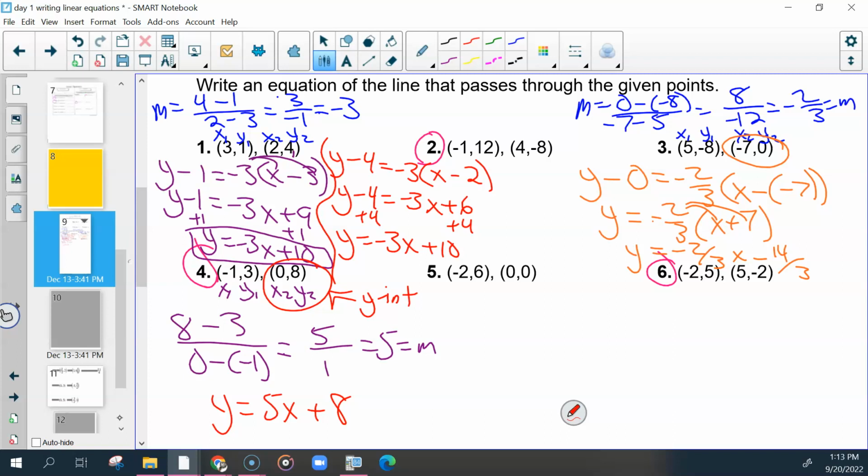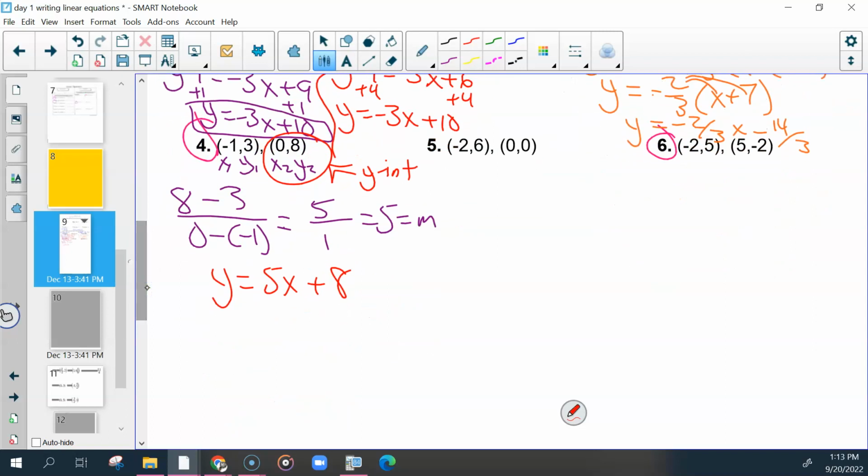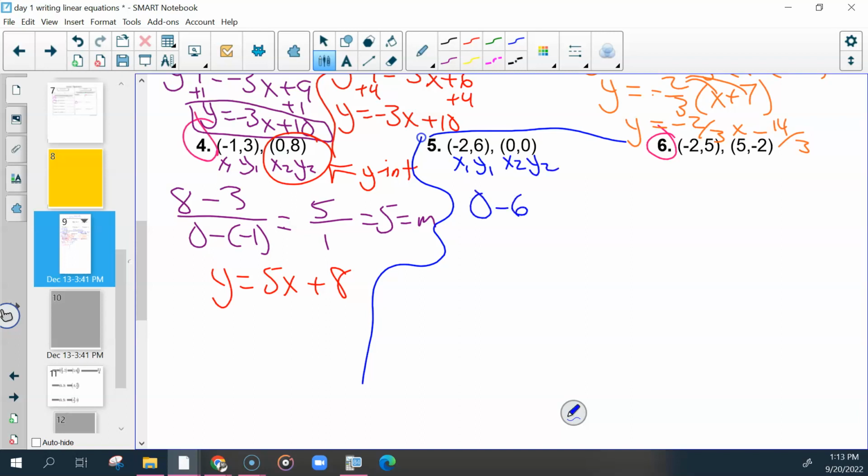Number 5. So first, find your slope. This would be 0 minus 6 over 0 minus a negative 2.